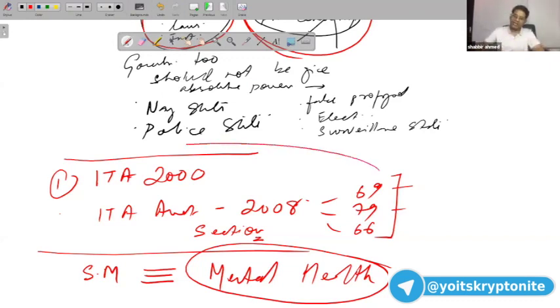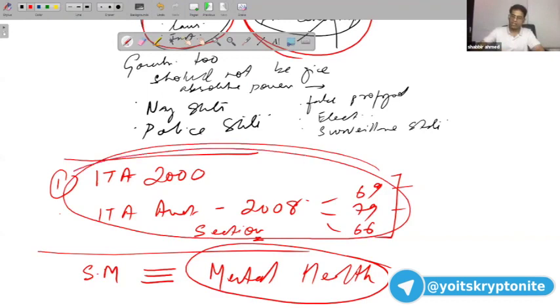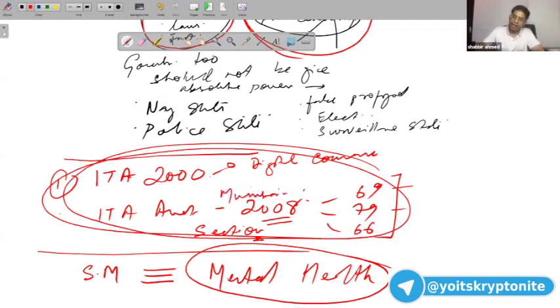So ये जो articles हैं, I will not discuss. This is something for you to know. ITA 2000 was more around digital commerce. 2008 amendment was on the backdrop of Mumbai attacks.